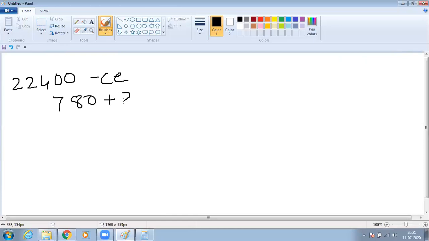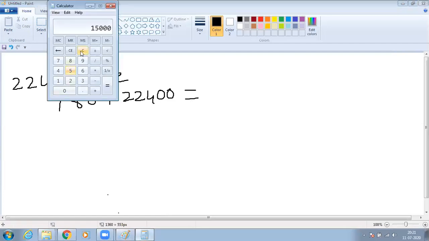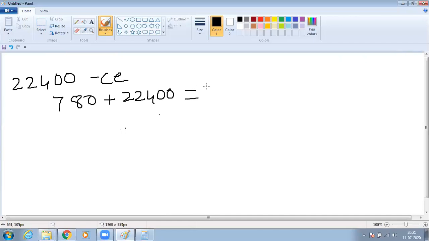If you add the premium to 22,400, how much do you get? 22,400 plus 780, 23,180. Okay, so A will get profit if bank nifty crosses 23,180.